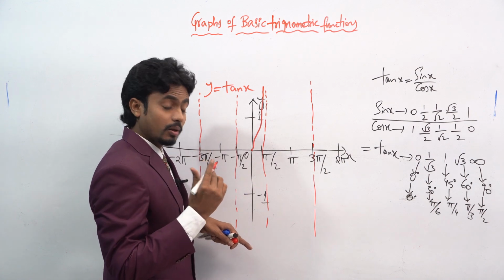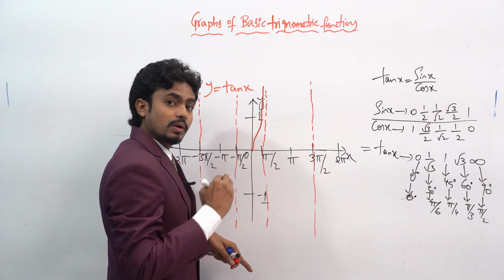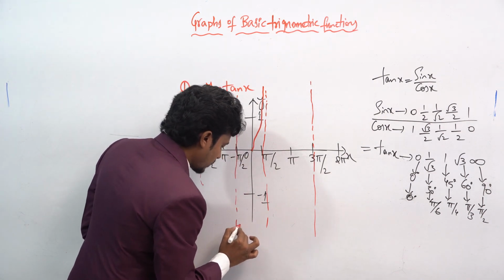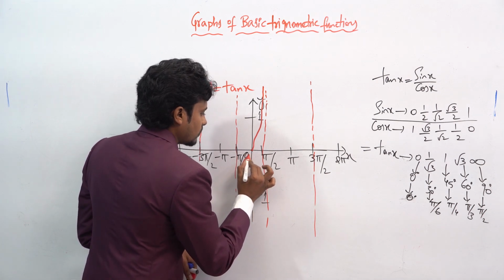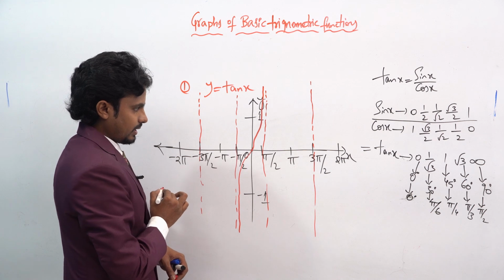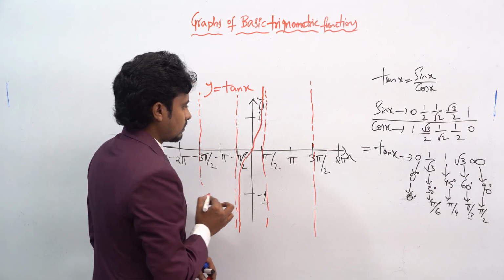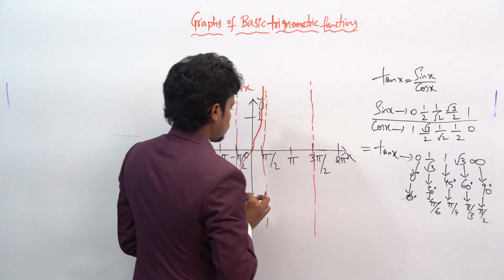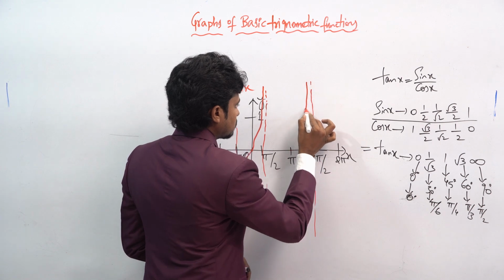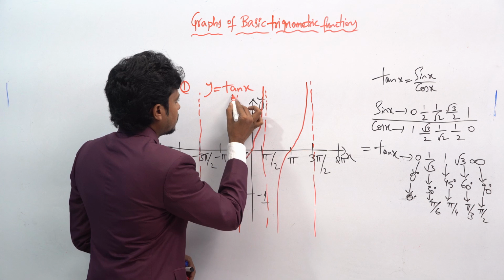This line comes from minus infinite and whenever it reaches 0, this will become 0, like this. And here also like this.